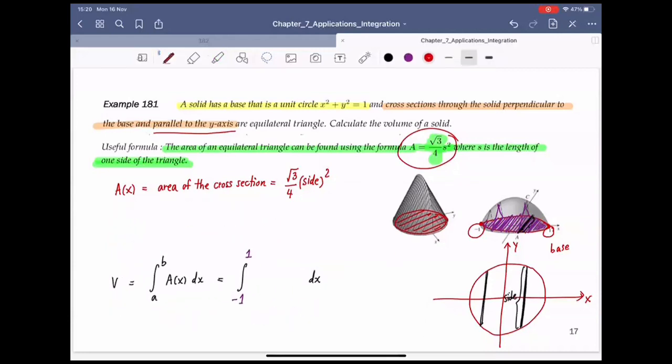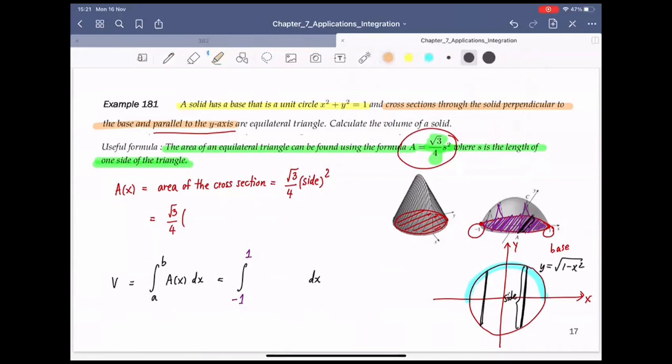Here I am going to find my side. The formula for the area is going to be square root 3 over 4 times side squared. So my side, how do I know the length here? So what is going to be my length here? The top line that I highlighted in light blue is y equal to square root of 1 minus x squared, right?